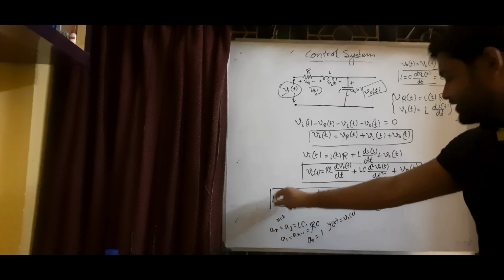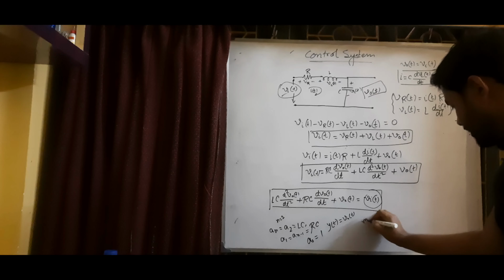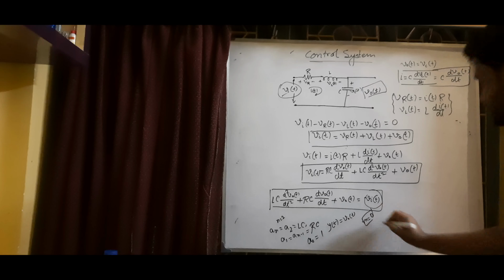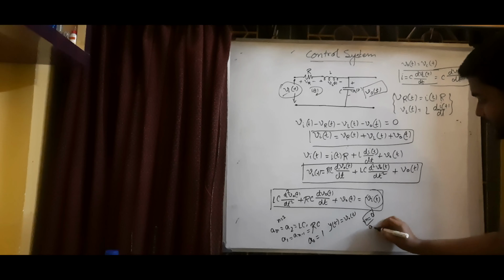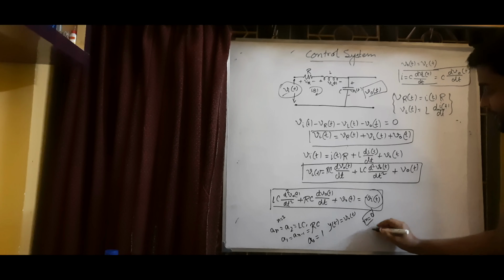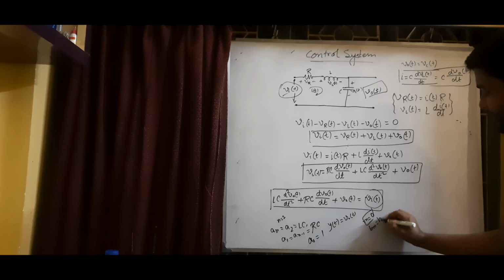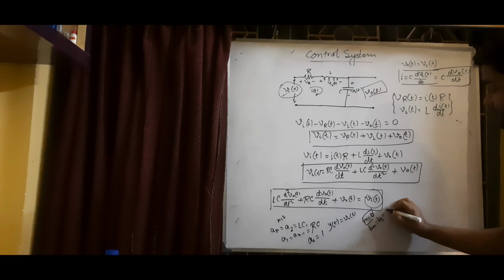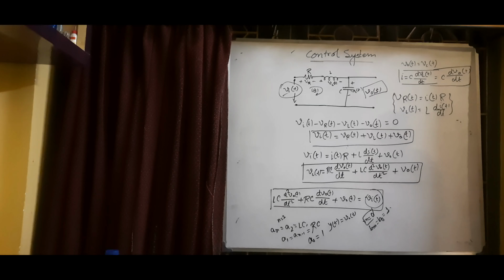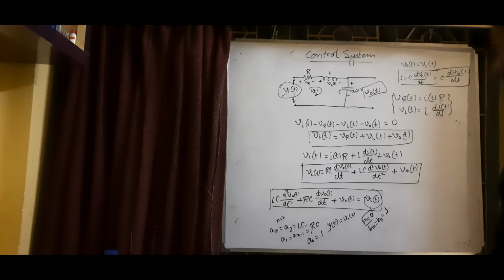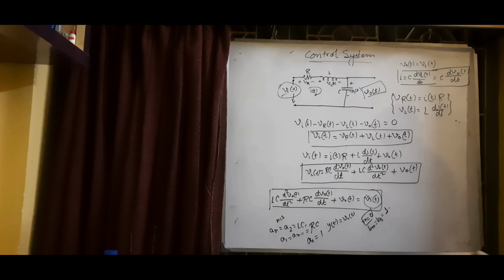So the value of n is 2 and the value of m is actually 0 here. That's why we have only one coefficient, b_m, that is b_0, that is 1. So this is the differential equation of the system.